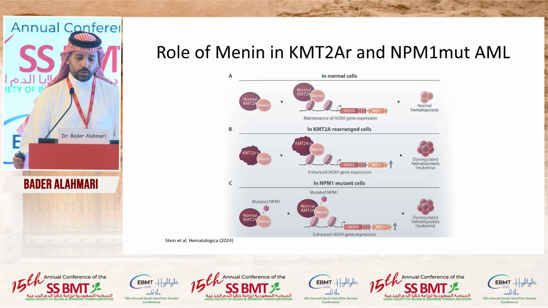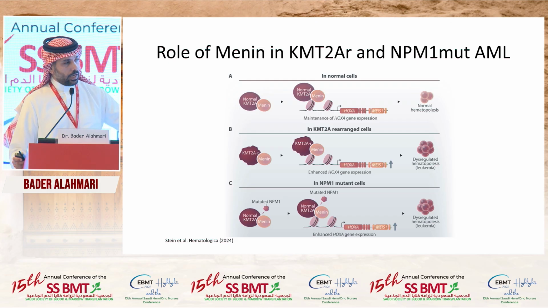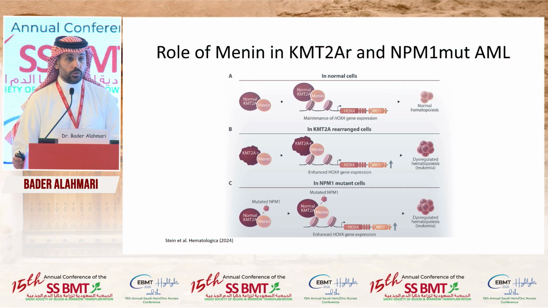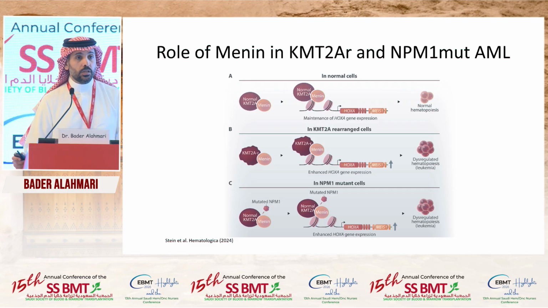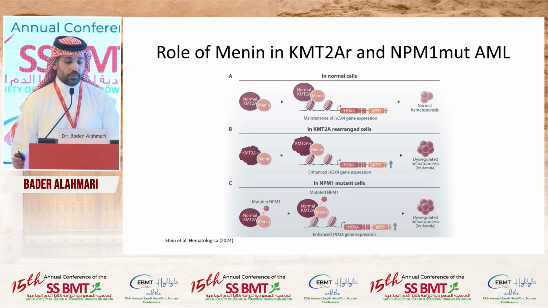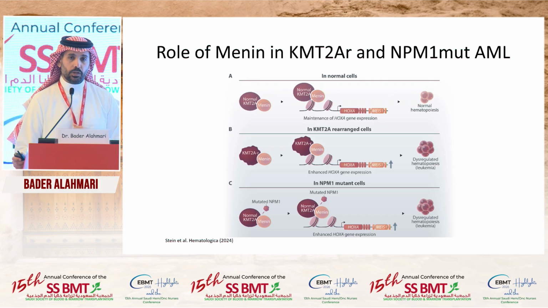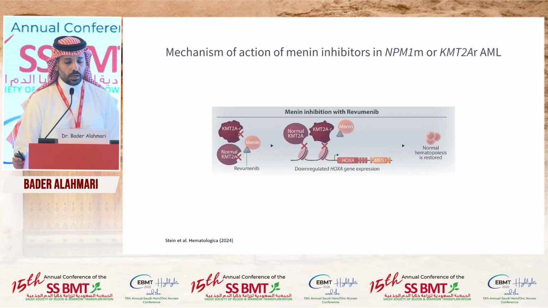So what happens with the KMT2 rearrangement is that the KMT2 rearranged molecule, which binds with the Menin, upregulates HOX genes and leads to uncontrolled, dysregulated hematopoiesis and differentiation arrest. For NPM1, it can interact with the normal KMT2 and Menin complex and make it behave as if it's KMT2 rearranged, again upregulating the HOX genes and other sets of genes and leading to dysregulated hematopoiesis.